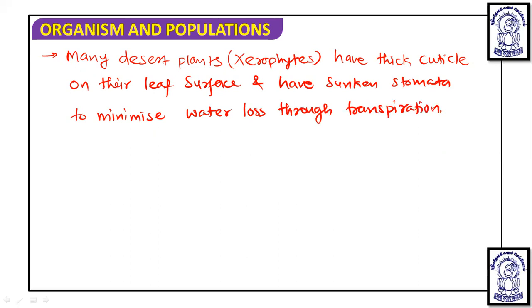Okay, so many desert plants are known as xerophytes. They have a thick cuticle on their leaf surface and sunken stomata to minimize the water loss through transpiration.